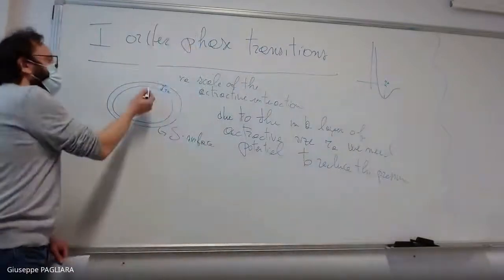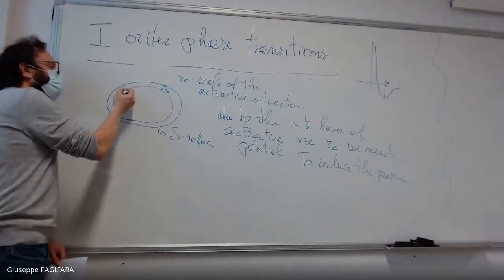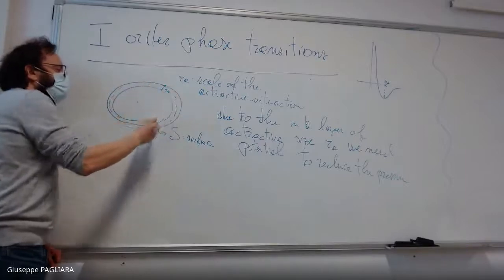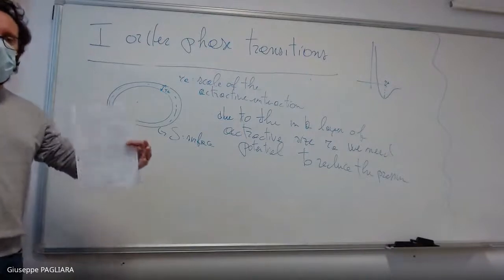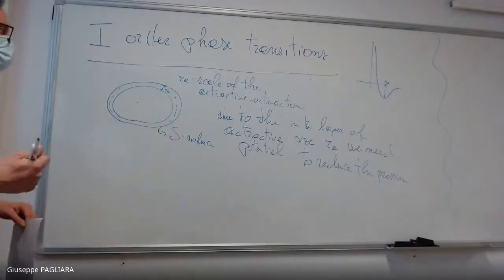Because here particles feel the attractive interaction, therefore this layer is responsible for the fact that the pressure of the gas to the box is smaller with respect to the pressure of the ideal gas.